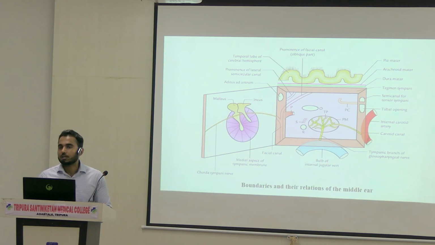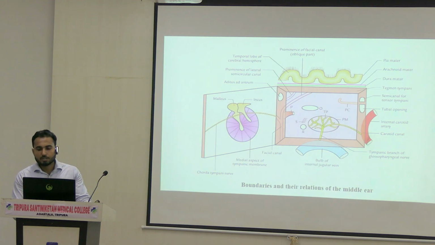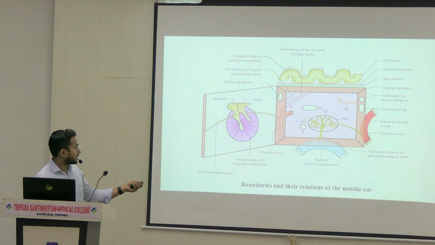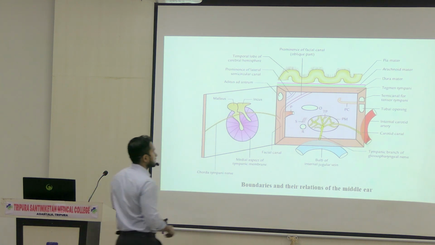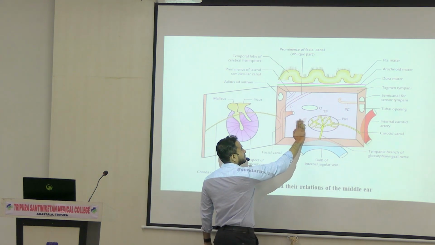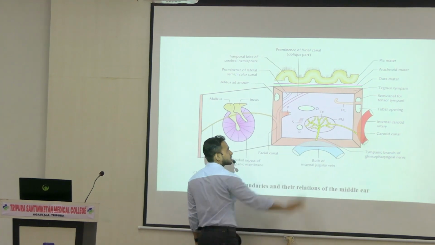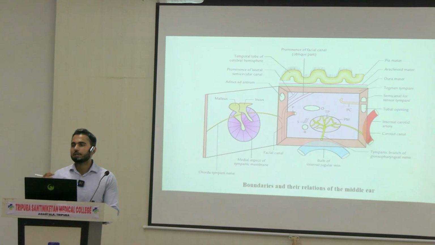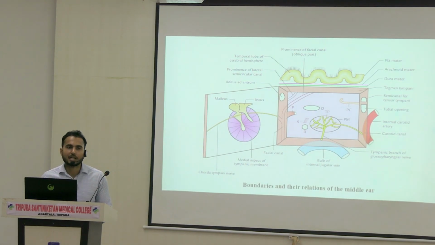Another membrane is there in the medial wall, called the secondary tympanic membrane, a fibrous structure covering the round window. This secondary tympanic membrane separates the middle ear cavity from the scala tympani.